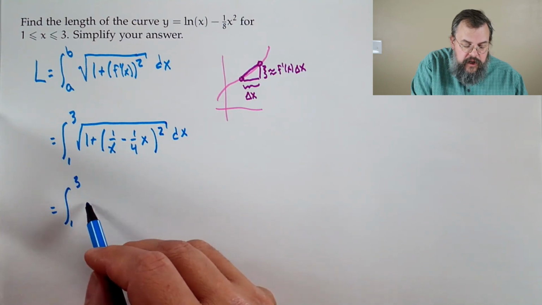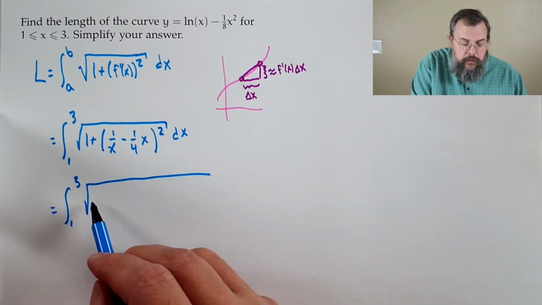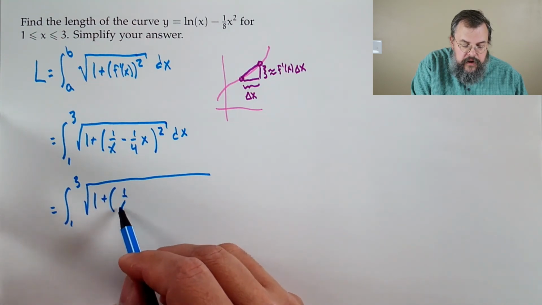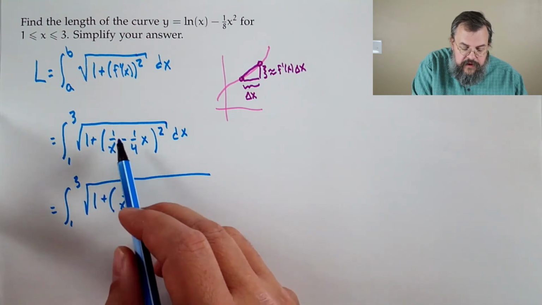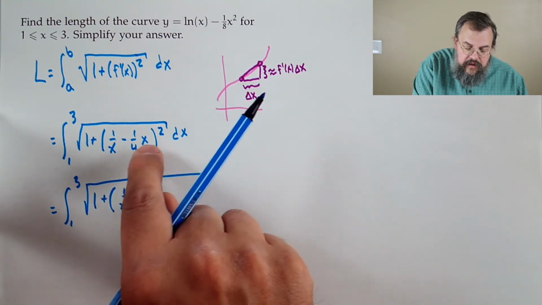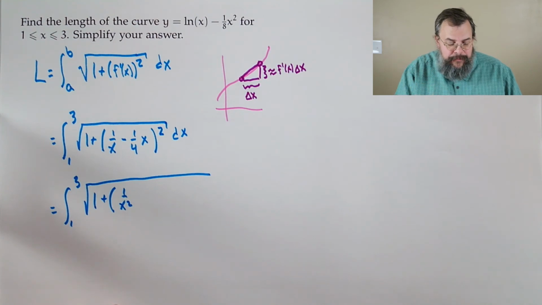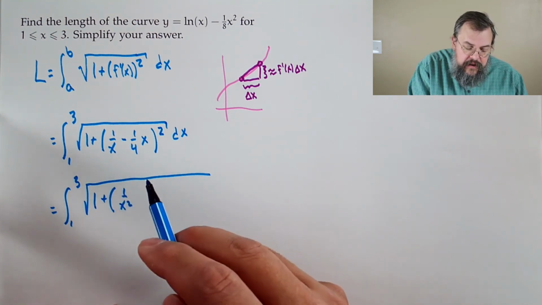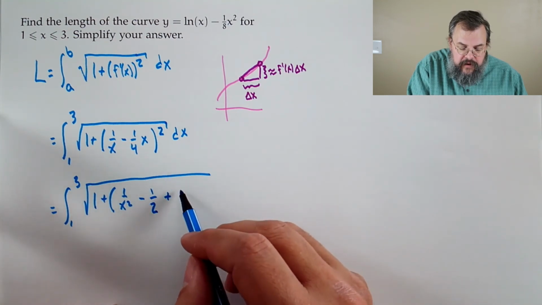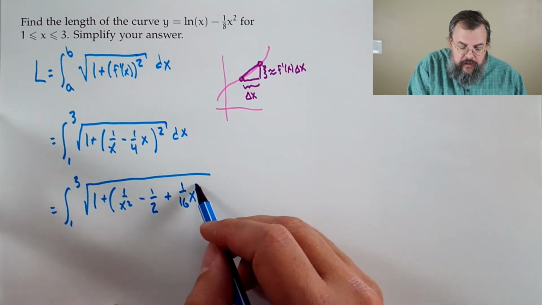So 1 to 3, 1 over x squared, okay? The first term squared. Then your cross term, 2ab. The x's cancel. And then, what do you really have? Minus a half. And plus, last term, 1/16 x squared.